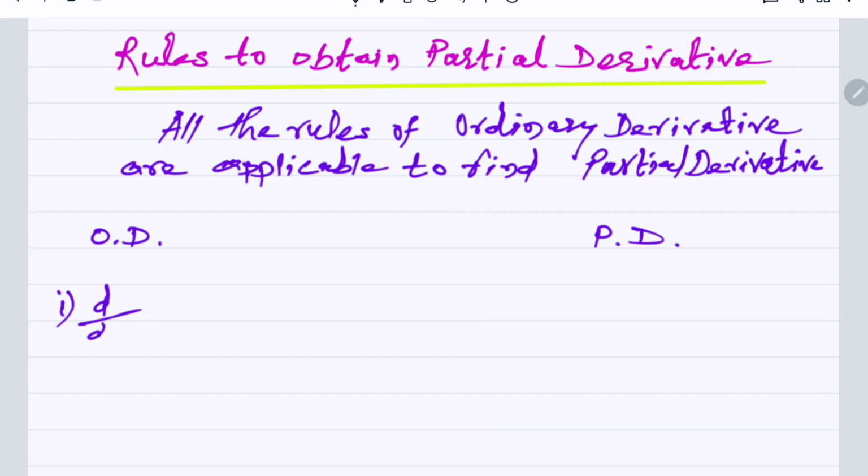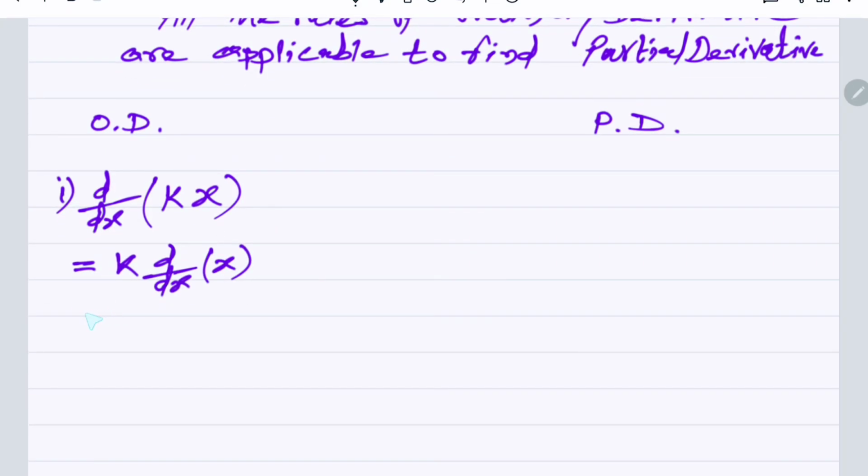d by dx of k into x. k stands for constant. It is nothing but constant term we take outside, and then differentiating x with respect to x, we get k into derivative of x with respect to x is 1, and therefore it is k into 1, nothing but k as a derivative.